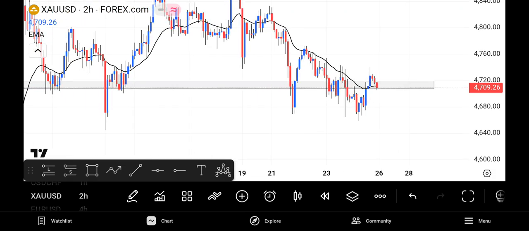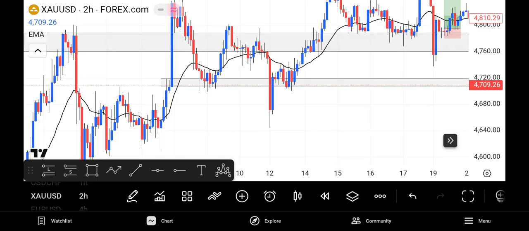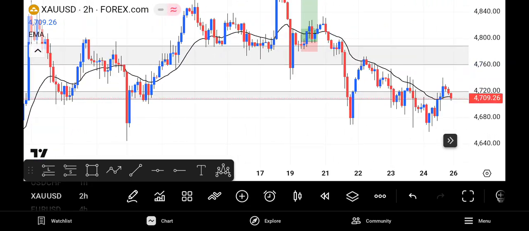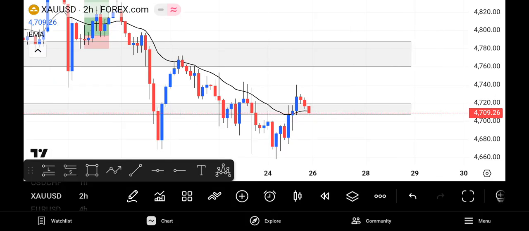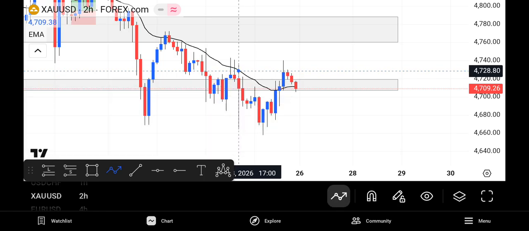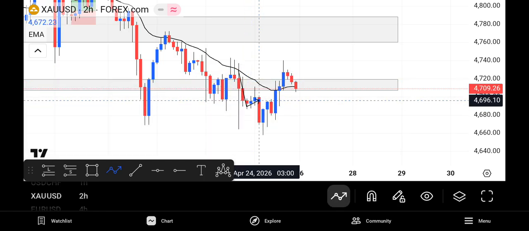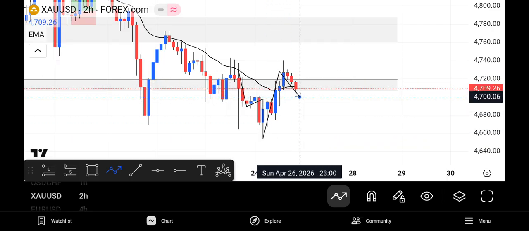As you can see on the 2 hours time frame, you can see the structure points that gold has been in, and there's a very clear structure point that gold has been using right there. You can see on the 2 hours gold is bullish. This is a lower low, lower high, lower low, and then this is a higher high right here, higher low.